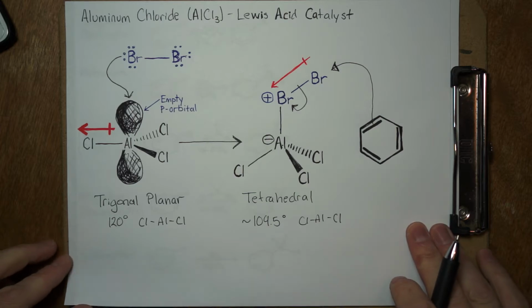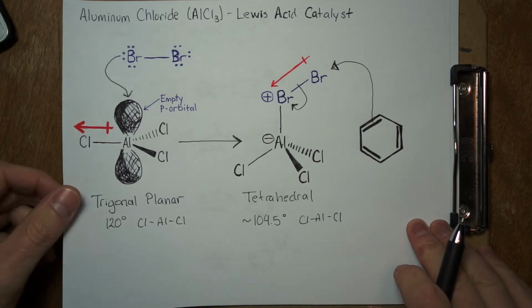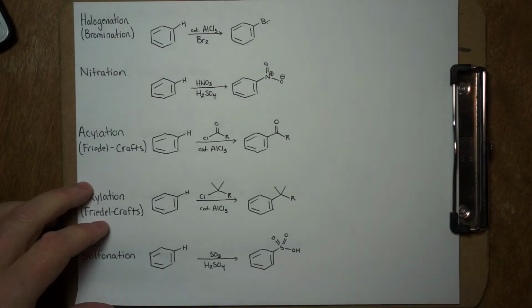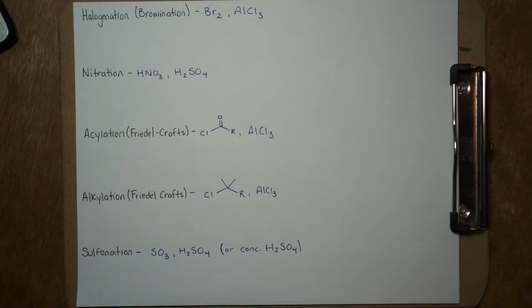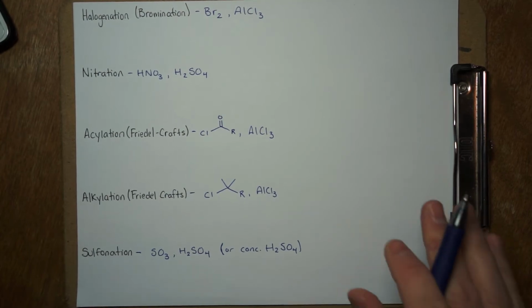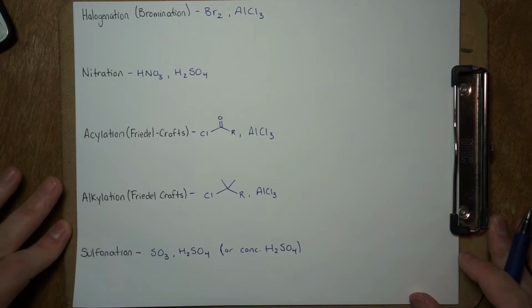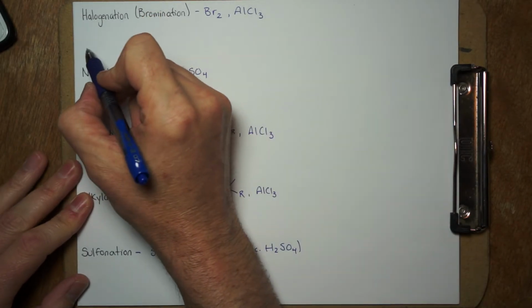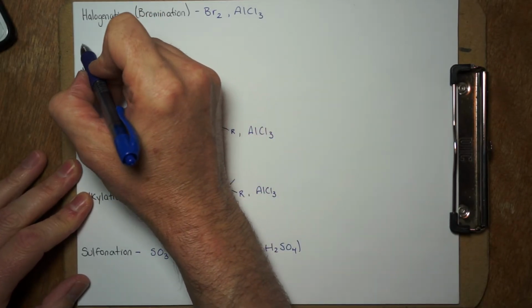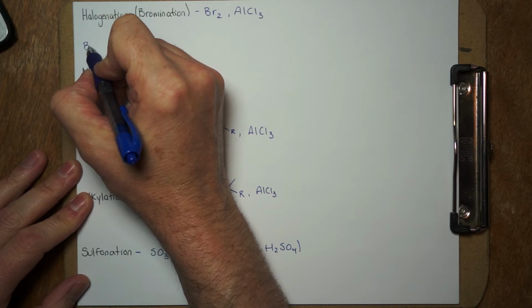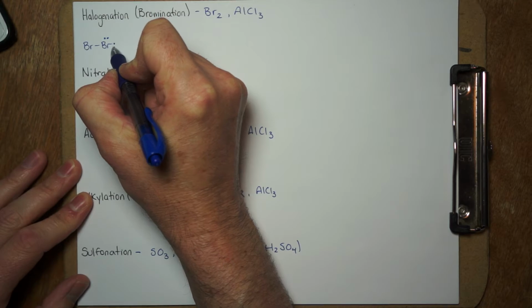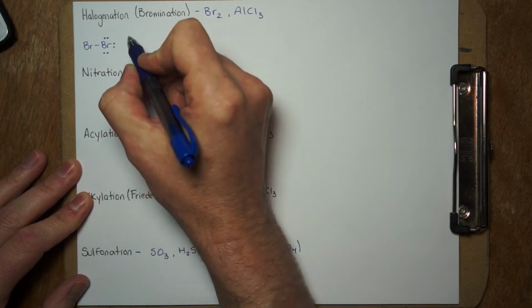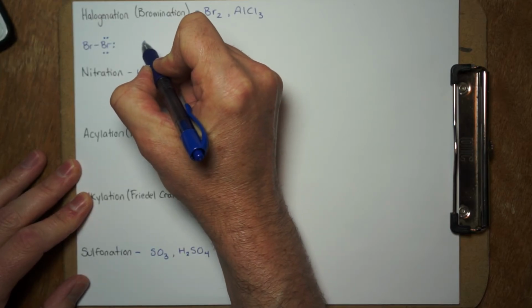Let's take a look at the mechanism in full. Okay, so halogenation. All right, we're starting with bromine and aluminum chloride. So we'll draw our bromine, put 3 pairs of electrons around that guy, and then aluminum chloride.